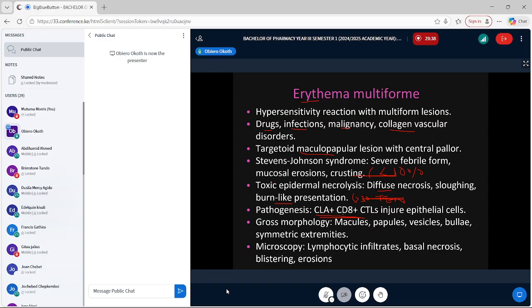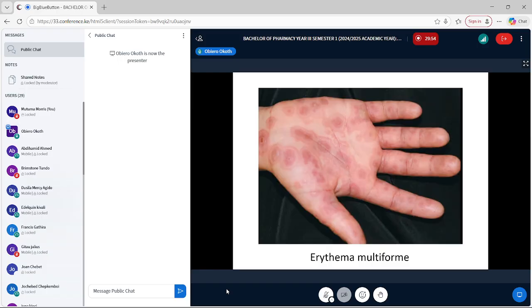Type 4 hypersensitivity, you see vesicles, you see bullae, and there's a symmetric extremity distribution. You see them all over. You see basal necrosis, you see blistering, you see erosions. You can see it all on the skin. There's reddening, there's a bit of central pallor, and it's all over the body. So this is what you're seeing.